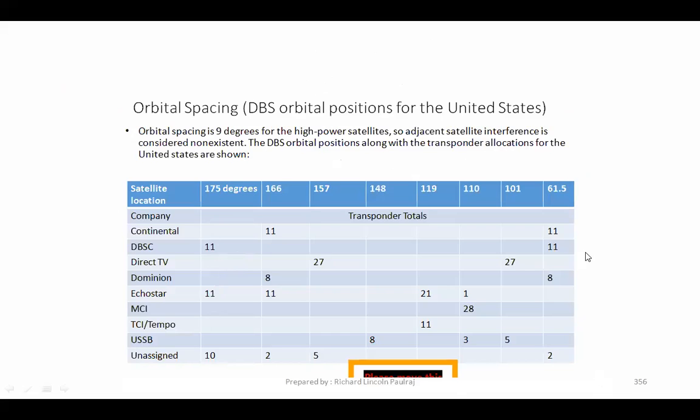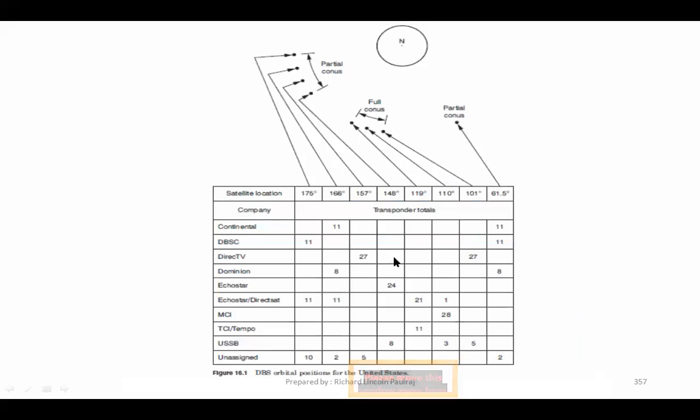Okay, there is a bit of information as to how they are separated apart by about 9 degrees, right? Okay, and how they are connected with respect to the North Pole. And as of now, how much information is available, or how many services are being provided by these service providers or these different companies.